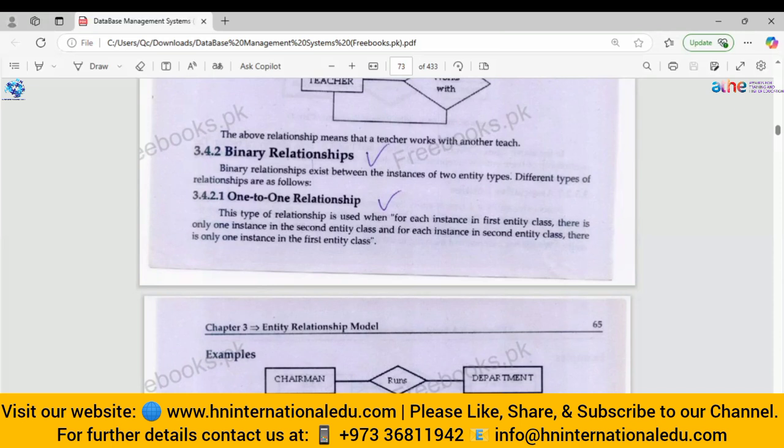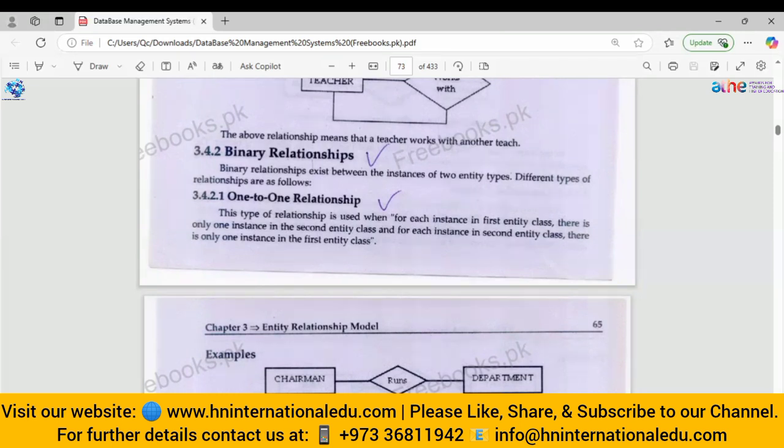What is the relationship between them? A chairman runs the department, so runs is the relationship. What does one-to-one mean? For only one department, we have only one chairman, or only one chairman can run one department. So that is a one-to-one relationship.